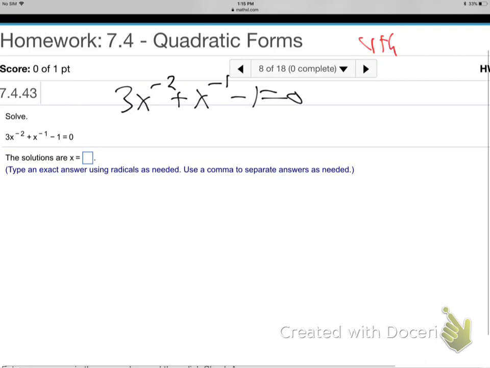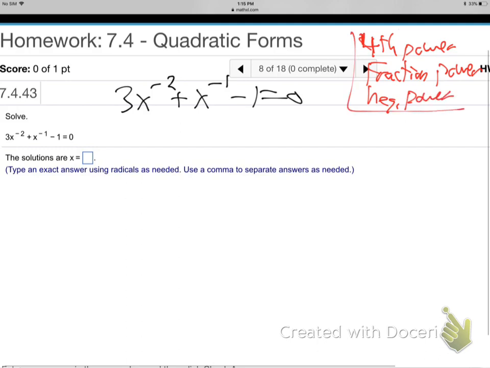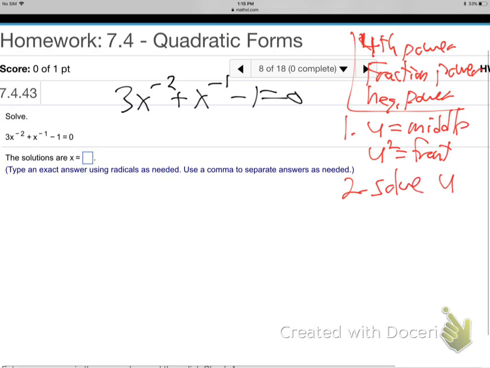When you see fourth power, or fractional power, or negative power, when you see any of those kind of weird things, step 1: u equals the middle. u squared is the front. Solve for u. Then finish for x. That's pretty much the game plan.